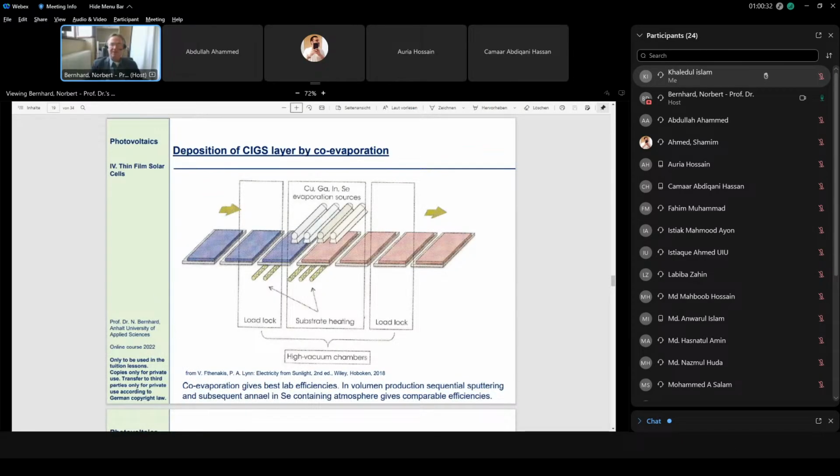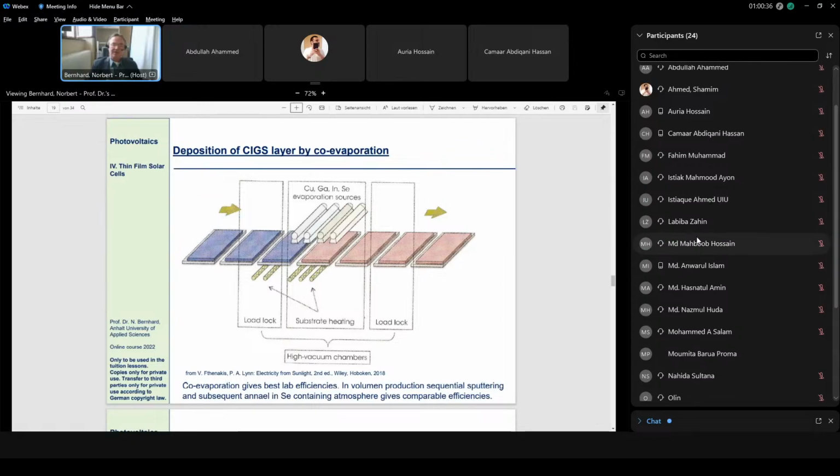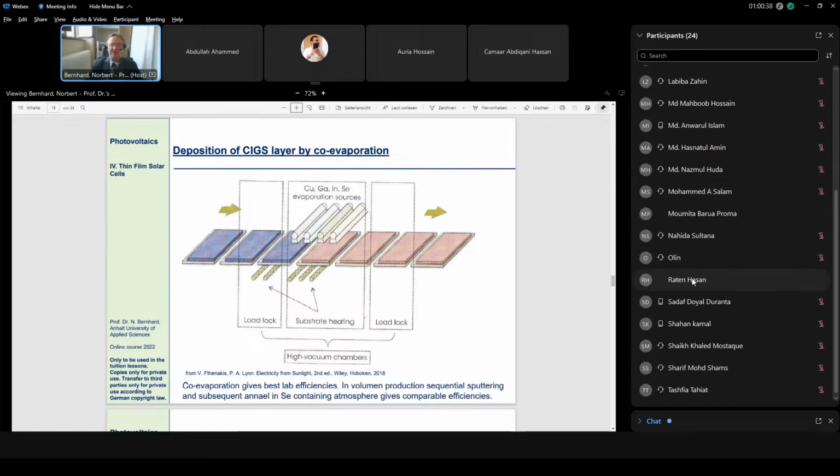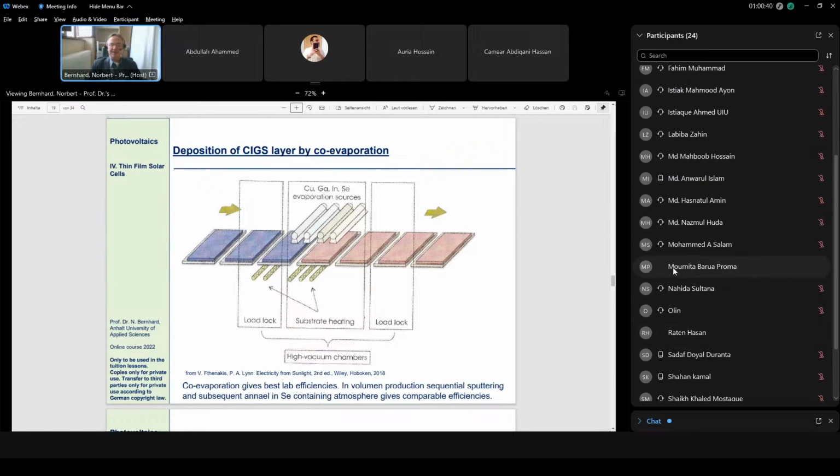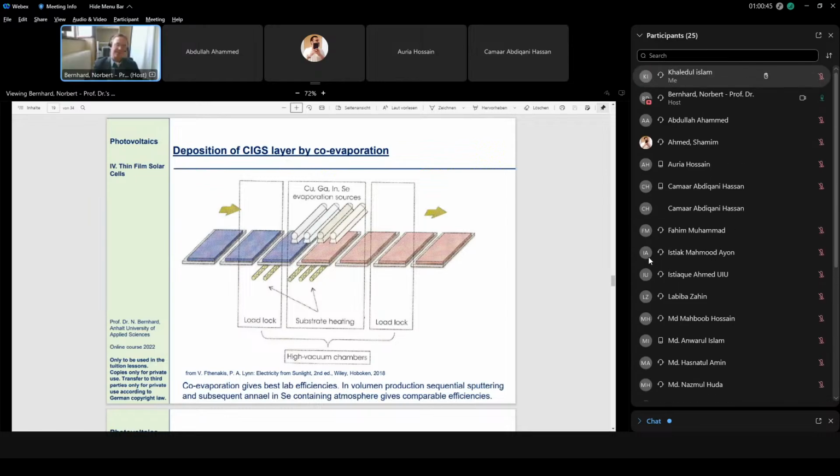That means the metals, copper, indium, gallium, are sequentially sputtered, and afterwards we have an anneal in a selenium-containing atmosphere, and at least in volume production, it gives the same efficiencies, and the few pilot manufacturers in the market use either of the 2 technologies. But this one, as I said, gives the best laboratory efficiencies.